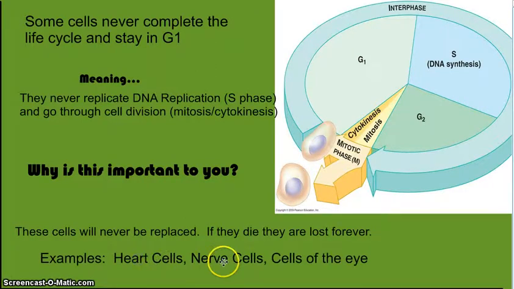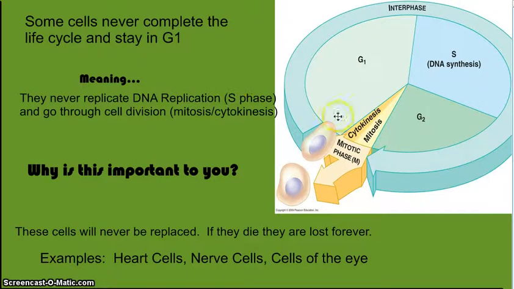Heart cells, nerve cells, that's like your brain and spinal cord. This is why somebody with a broken back or who breaks their spinal cord never walks again, because their nerves can't heal. Or if you have brain damage from using drugs or a head injury, you're never going to get those cells back. Cells of the eye, if they get damaged, they can't regrow.